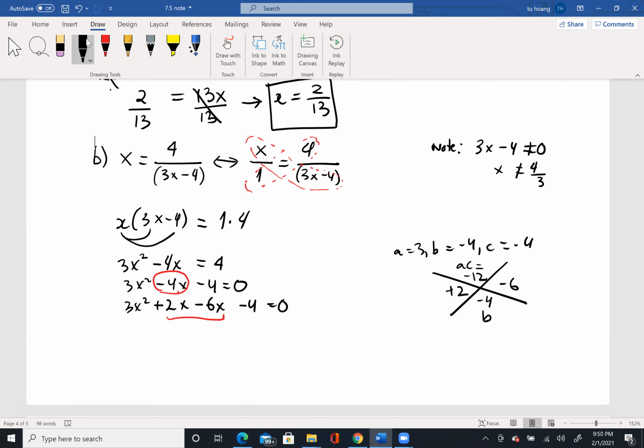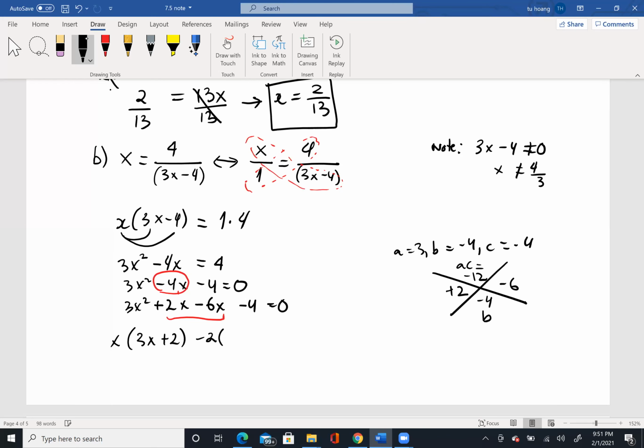Now you're going to use the grouping method. So factor the greatest common factor between the first two terms, which is going to be x, right? And 3x plus 2. The next two terms, the greatest common factor is going to be -3, no, -2 actually.